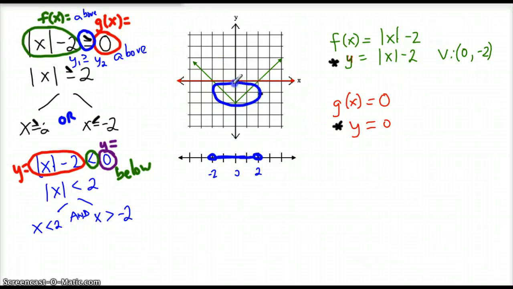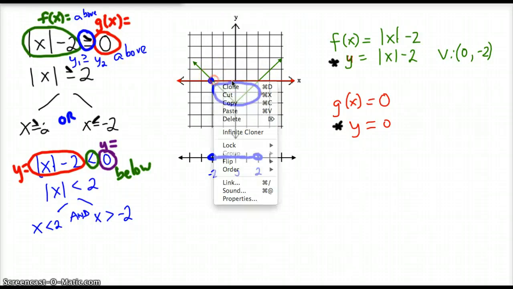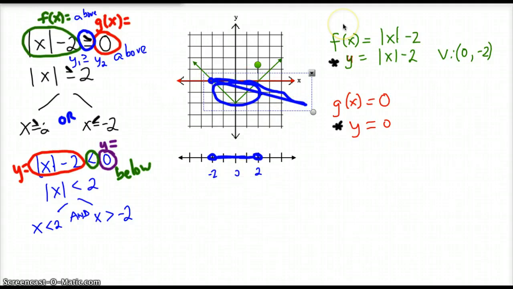The absolute value function is less than this function, which is a line right here. This is the portion. I'm circling this area. And so what x's correspond with that area?